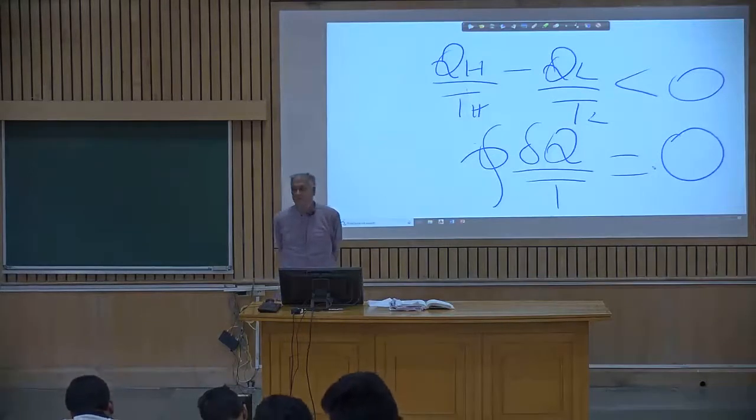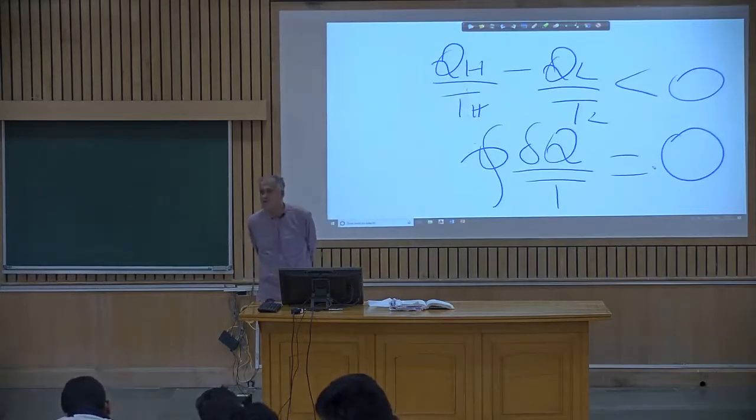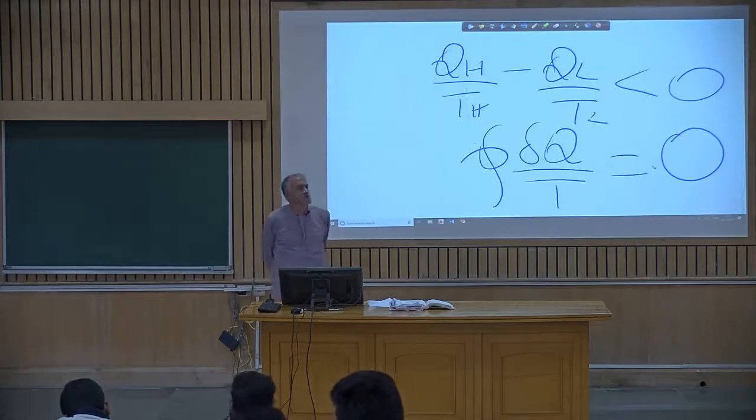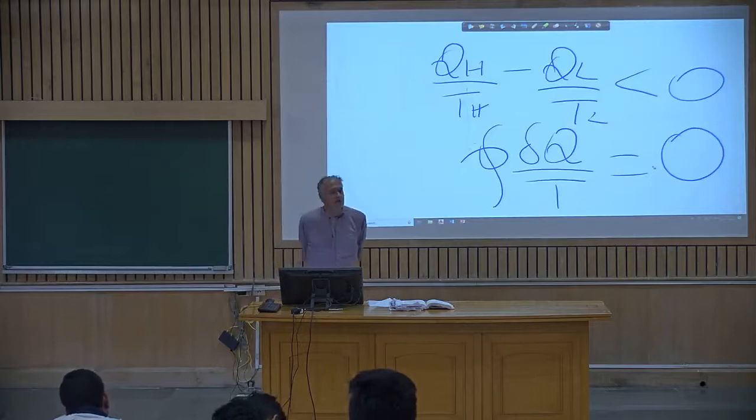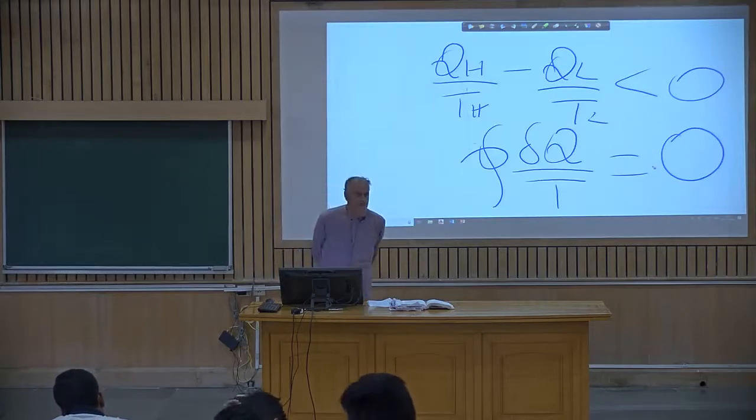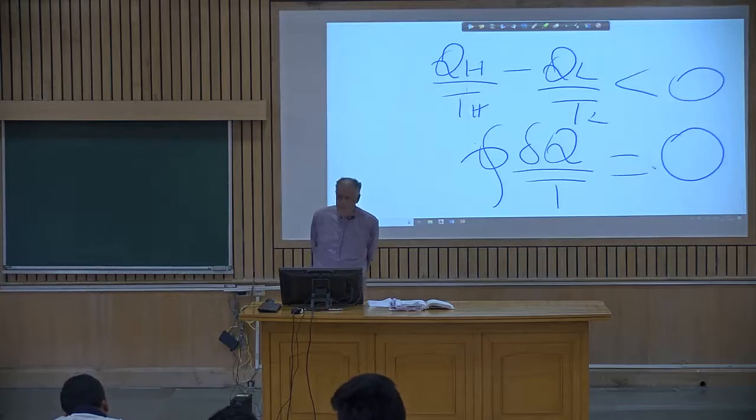So dou Q by T less than 0 is irreversible. Put both together. So integral dou Q by T is less than or equal to 0. This is the famous Clausius inequality.